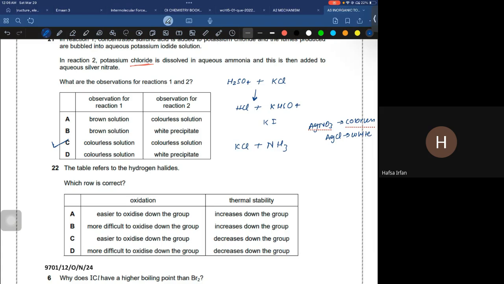See question number 22. The table refers to the hydrogen halides. Which row is correct?